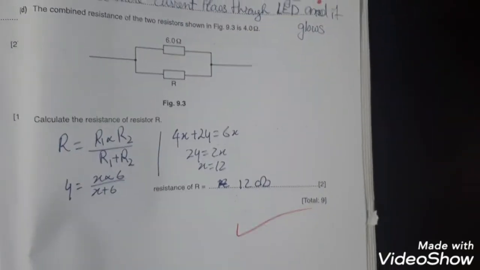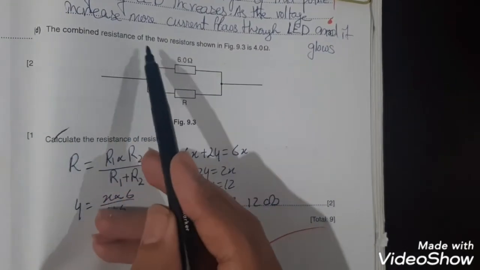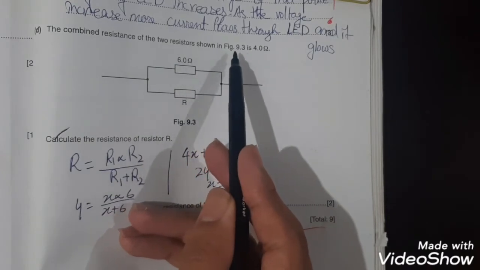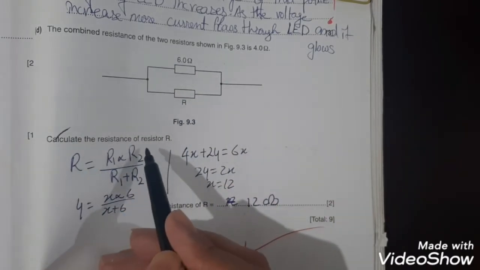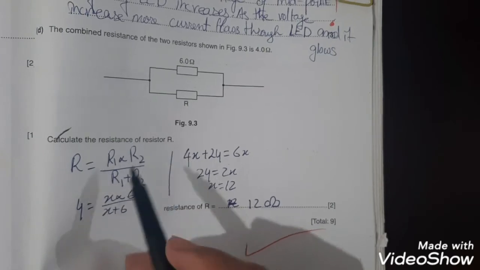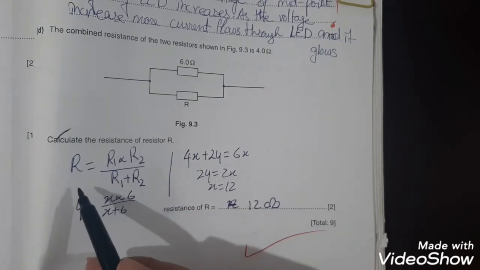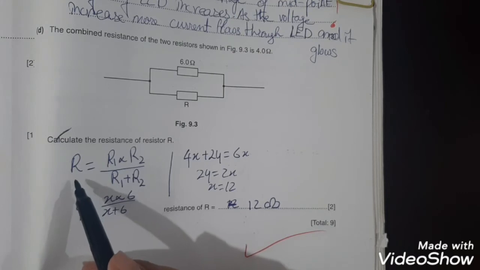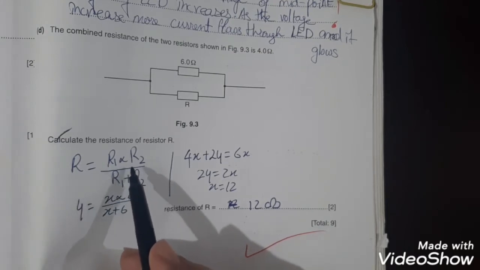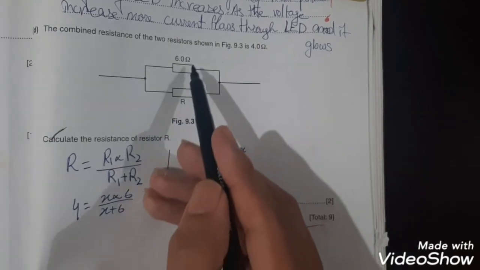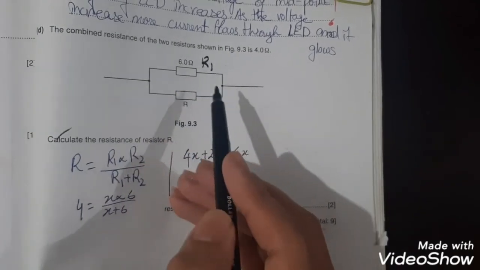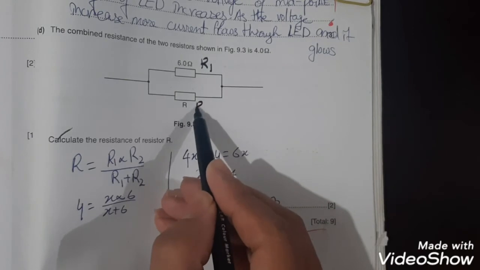Then question D states the combined resistance of the two resistors shown in figure 9.3 is 4 ohms. Calculate the resistance of the resistor R. To calculate the combined resistance, the formula is R equals R1 multiplied by R2 divided by R1 plus R2. So we will mark this as R1 and this as R2.